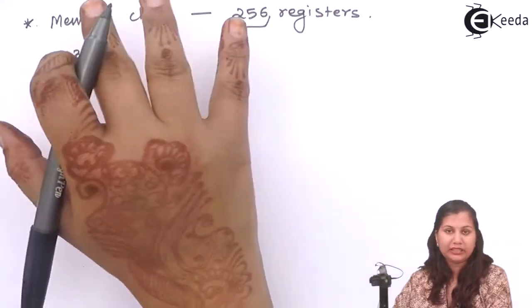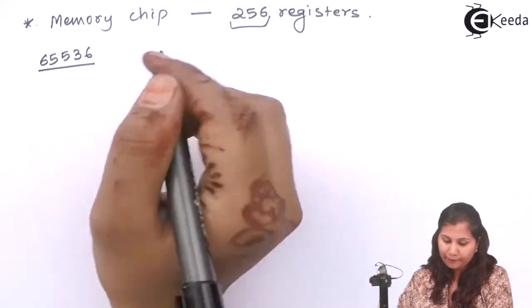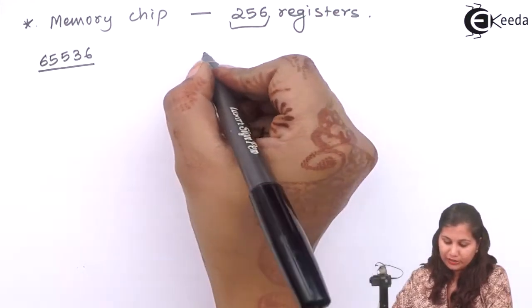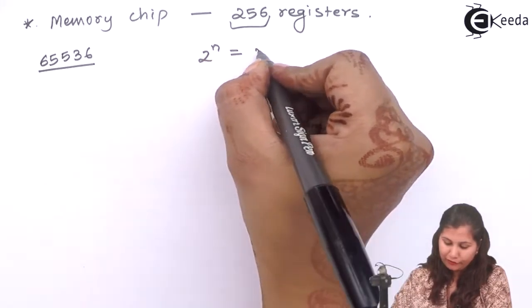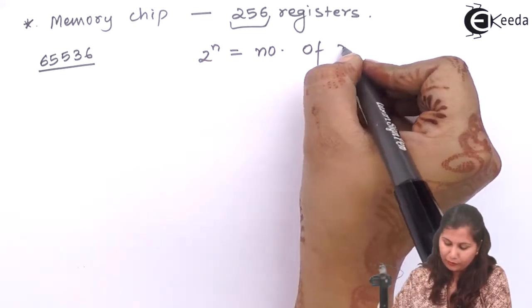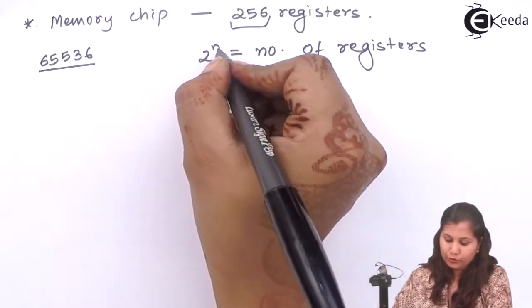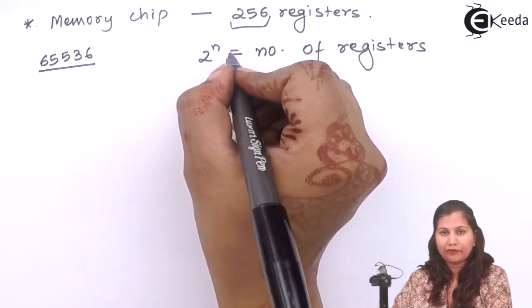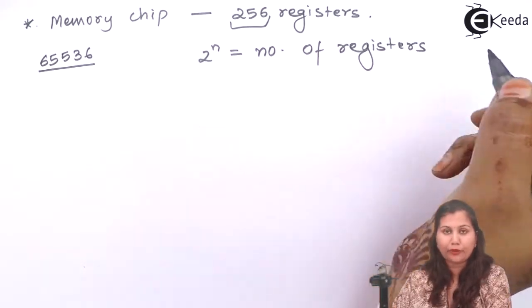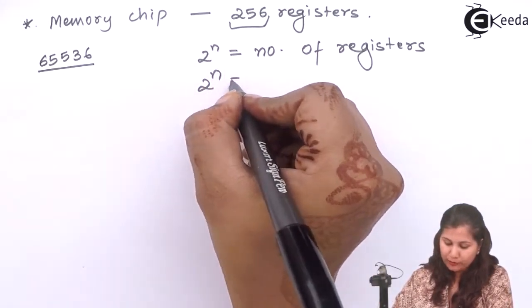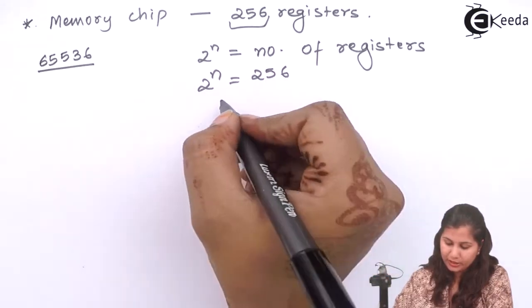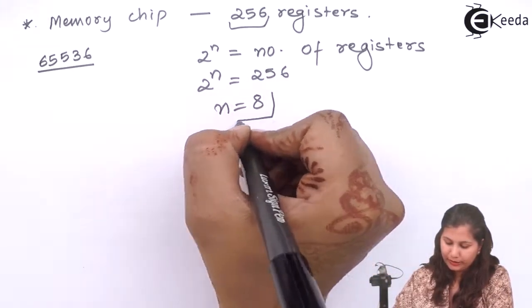So how will the address lines be used? For these 256 registers, we can get the number of address lines by using this formula: 2 raised to the power n, where n is the number of address lines, equals the number of registers. So 2 raised to the power n equals 256, so n equals 8.